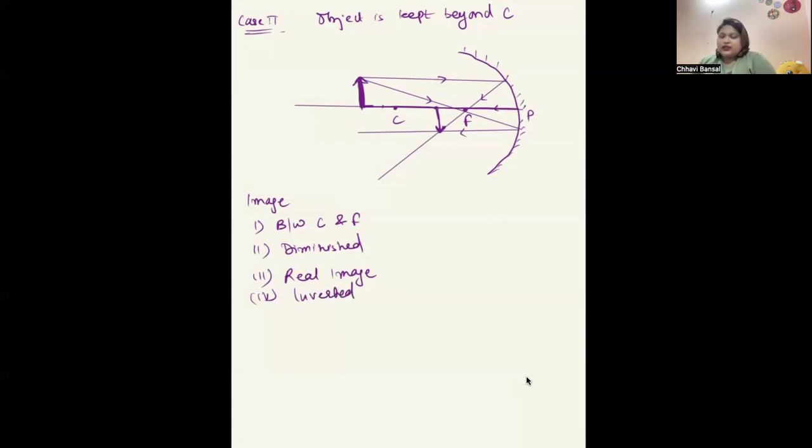This is the second case. Let's see the third case.